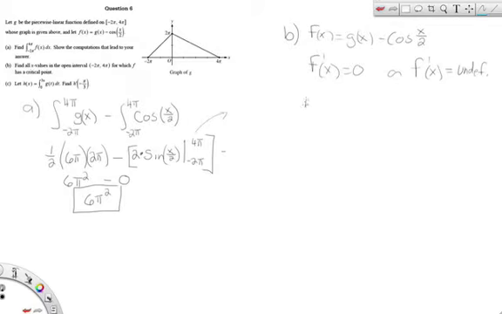Okay, so the derivative of f, do it term by term, is simply the derivative of g minus the derivative of cosine, which is negative sine, so plus sine of x over 2 times the derivative of x over 2, or 1/2 x, which is times a half.